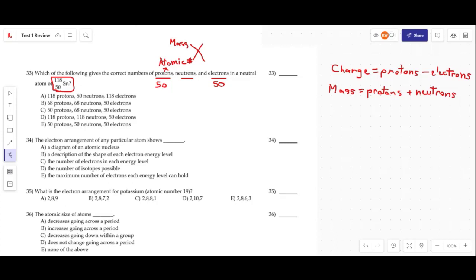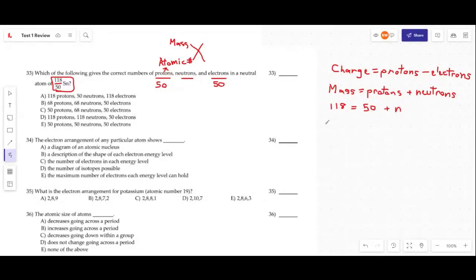But yes, so we know that the mass of the tin is 118 because the top number is 118. And we know that the protons is 50. So then all you have to do to get the neutrons is what? Yep, just subtract them.